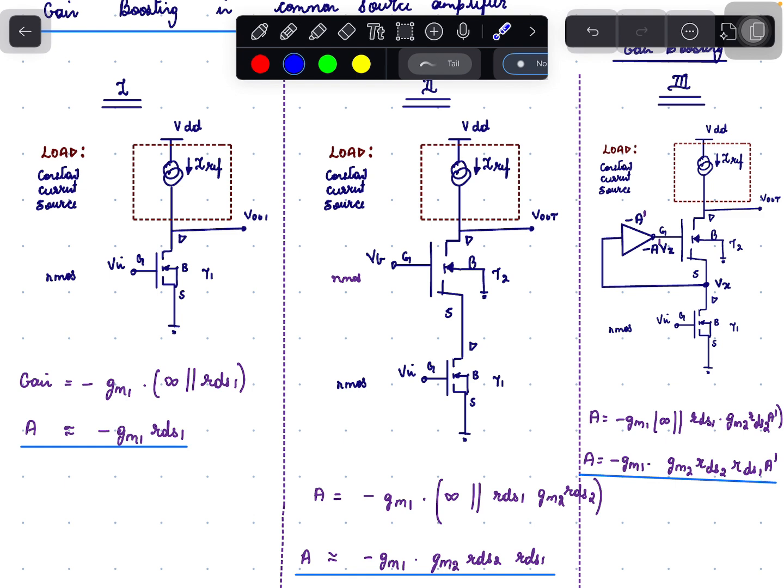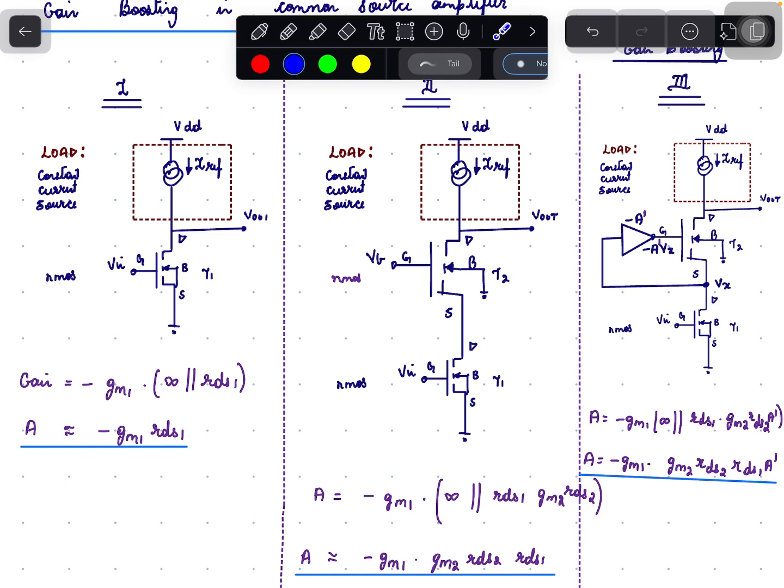So what is the gain of this circuit? The gain of this circuit is given by minus GM1 times R out seen at the output node, which is nothing but infinity parallel with the R out seen down. R out seen down is nothing but RDS1 times GM2 RDS2 times A dash, which is shown here.